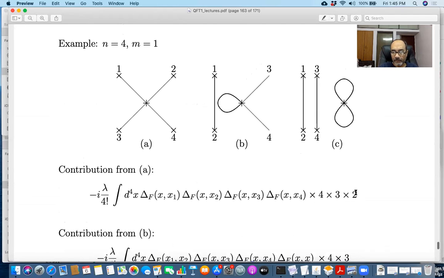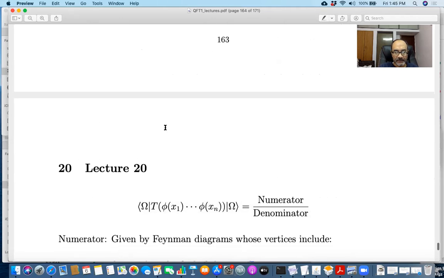So here the counting, we went through it yesterday, but let me repeat again. This number 4 comes from the fact that if you start from 1, you can start counting from anywhere. But let's start counting here: how many ways can this line join? This line can join to any of the 4 lines that come out of this vertex over here. So that's 4 different ways. Maybe I should go next to the other diagram.